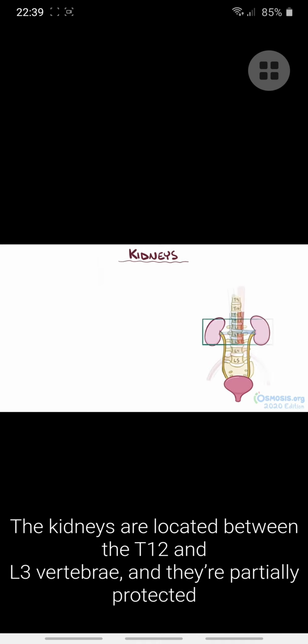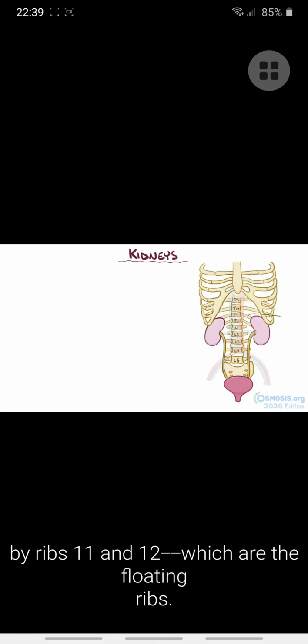The kidneys are located between T12 and L3 vertebrae and are partly protected by ribs 11 and 12, which are the floating ribs.